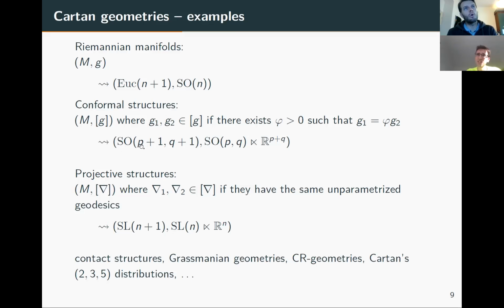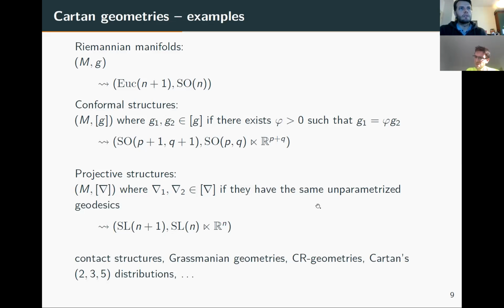So you take an SO group of appropriate signature and mod out by a certain semi-direct product. And here you have some normalization: you have to take torsion-free regular Cartan geometries of this type. I will not go into details, just a side note that there needs to be some kind of normalization.